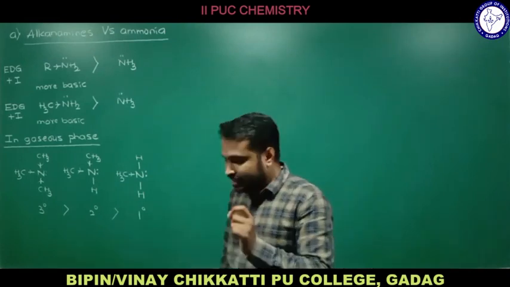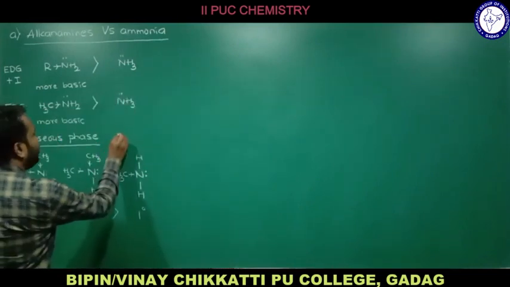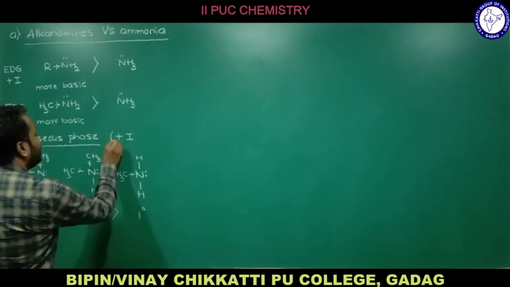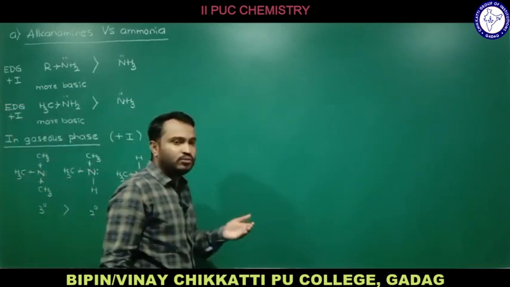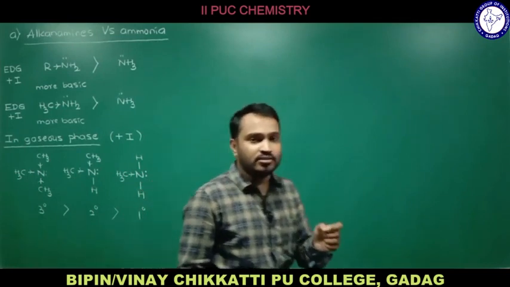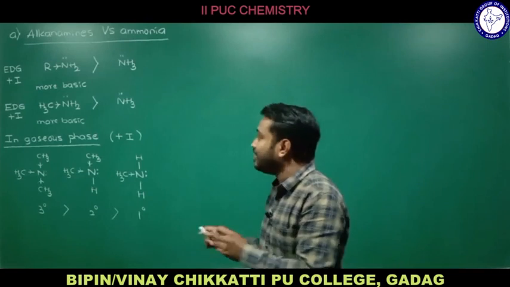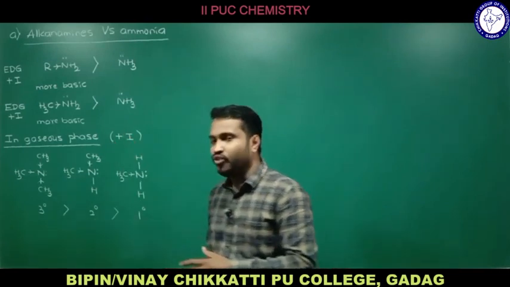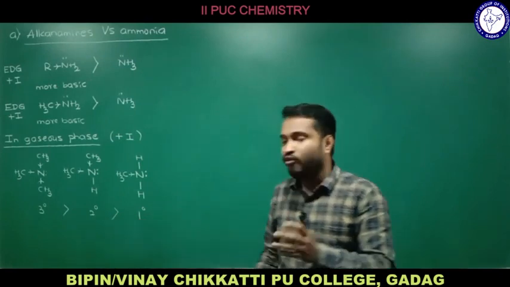And remember that in all these cases the main factor that affects is the positive inductive effect. As I mentioned earlier, electron donating groups donate electrons to this nitrogen, and that is considered a positive inductive effect. So the positive inductive effect is the main criterion in the gaseous phase, and based on that we can explain the basic nature of different amines.